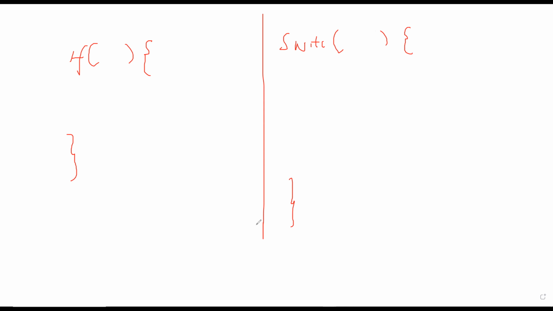So let us try to implement the same last example using a switch statement. But before we do that, let me explain what the switch is all about. We have a variable like the score, and we have maybe 50 or 55.